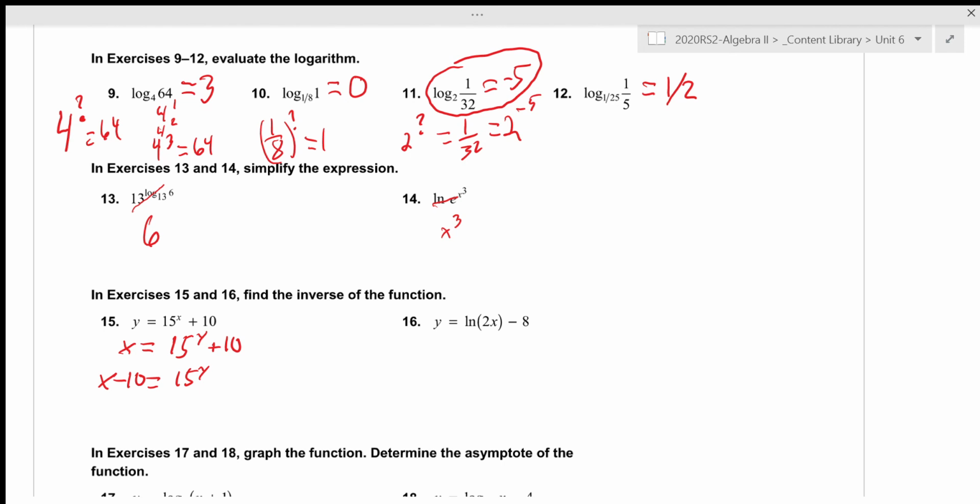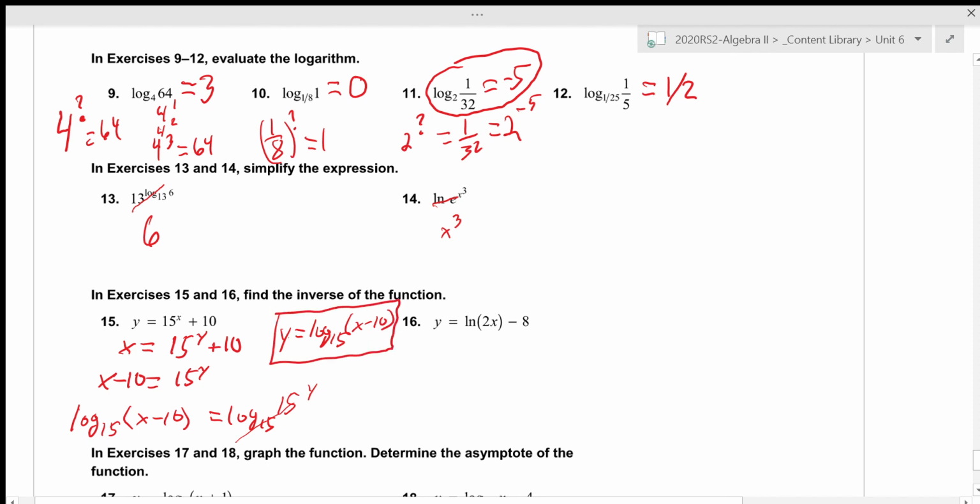Since it's stuck as an exponent for 15, we want to get it out of there using a logarithm, because the inverse of exponentiation is logarithms. So we'll take log base 15 on both sides. And you can see this log base 15 and 15 will cancel each other out. And we'll just be left with y equals log base 15 of x minus 10. So that is the inverse function of y equals 15 to the x plus 10.